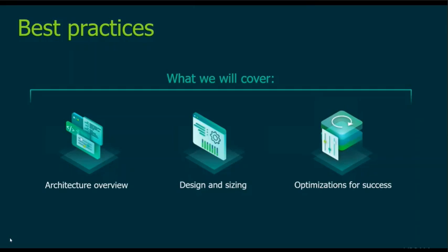It's not necessarily going to be a linear thing. We're going to jump into a demo, so we'll touch on all three of these throughout and make sure that as you either set up this environment or fine-tune your existing environment, we are really optimized to back up your M365 data successfully and in the exact way that you're hoping to.